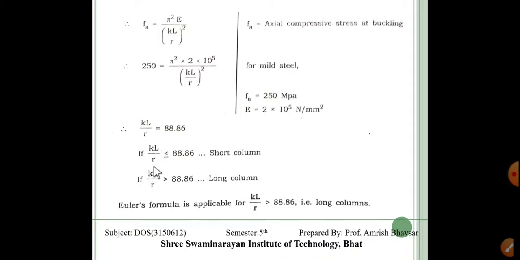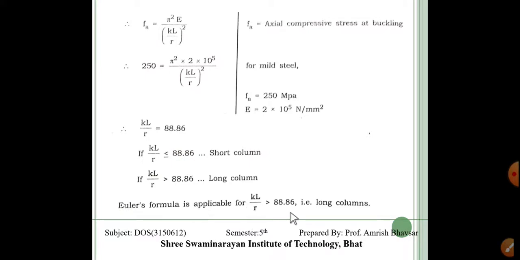So KL upon R less than 88.6 is short column, and greater than 88.6 is long column. So from here we can identify the short column and a long column. This is our slenderness ratio, KL upon R must be between these values. So Euler formula is acceptable for KL upon R greater than 88.6.